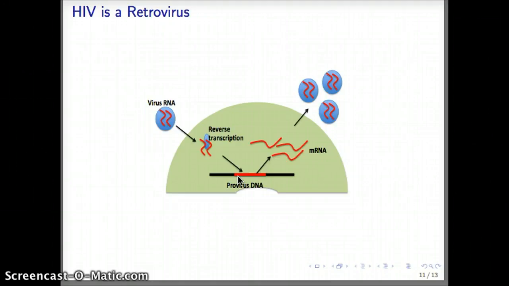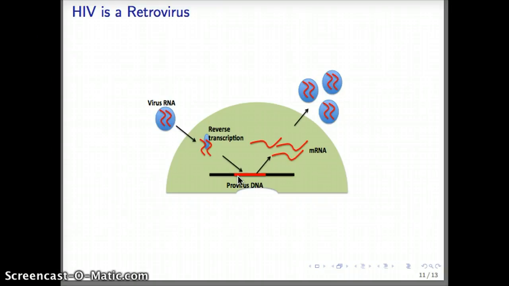Now, this viral DNA, also referred to as provirus, is integrated into the genome of the host cell, and this is the part that has to do with hacking the cell. The provirus can remain silent for a long time, or it also has the ability to immediately induce the host cell to produce, and this is an important part, something called mRNA, M for messenger.